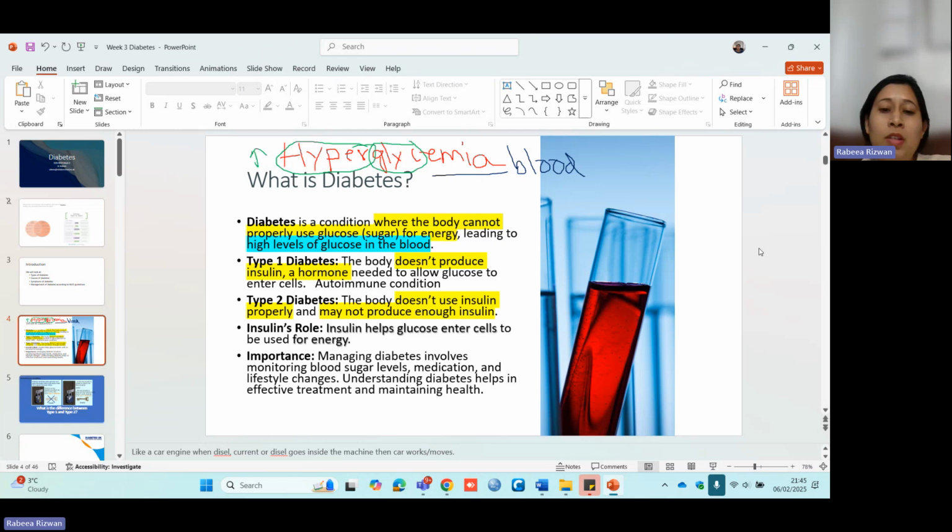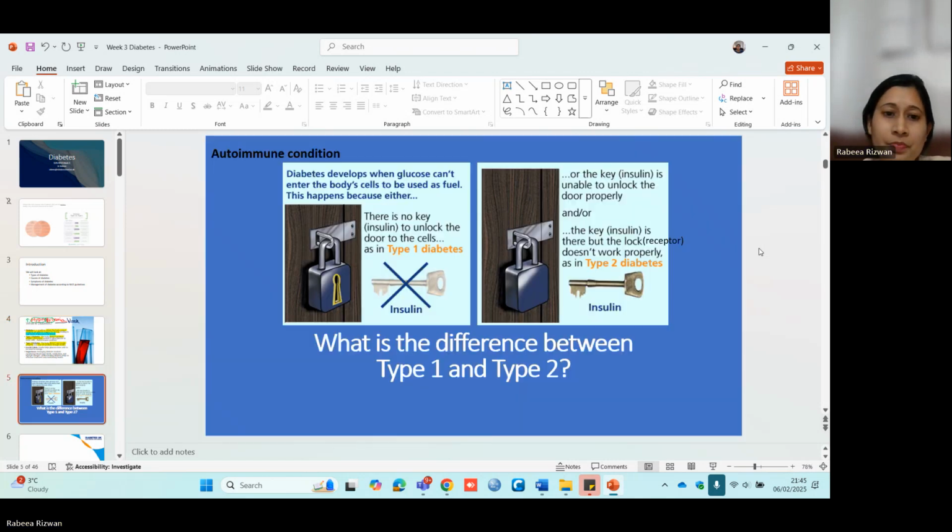Without insulin, our glucose cannot enter the cells. Insulin acts like the key of a door to enter the cell. Why is this required? If the glucose does not go inside, our body cannot produce energy. Our body uses glucose to produce energy, and otherwise the body cannot produce energy without the presence of glucose. That's the importance.